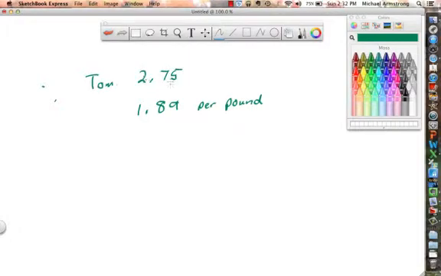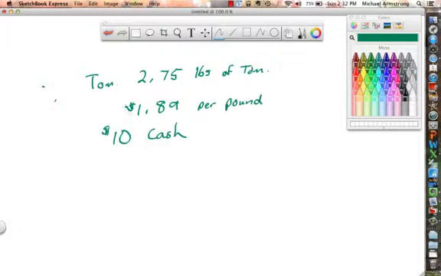Alright, so we get 2.75 pounds of tomatoes. And they cost us $1.89 per pound, and we have $10 in cash. Okay, so each 1 pound costs $1.89.